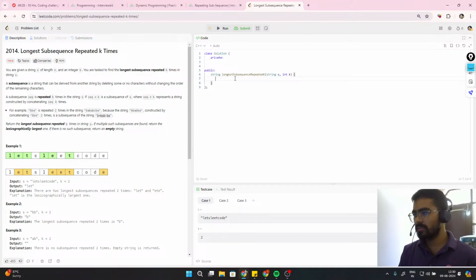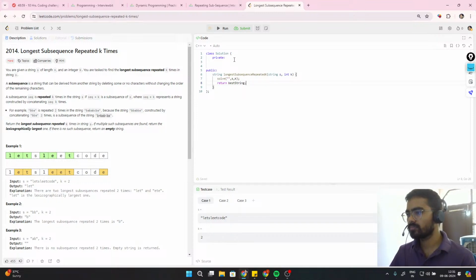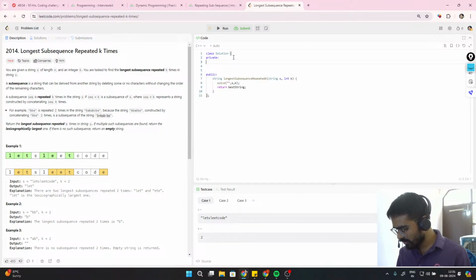I'll call a solve method, which will take an empty string, also this s and k, and I'll be returning some best string.